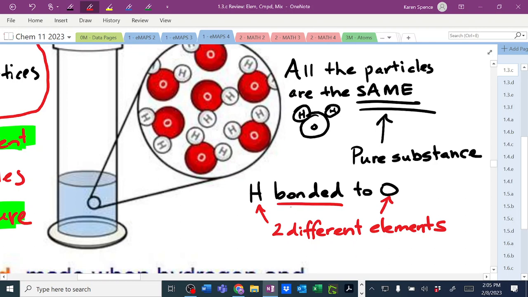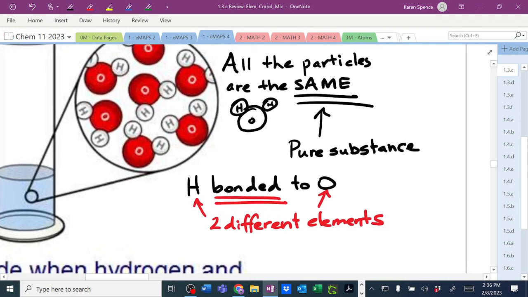And they are bonded together, and that makes it a compound. But all the particles are the same, so it's a pure substance.